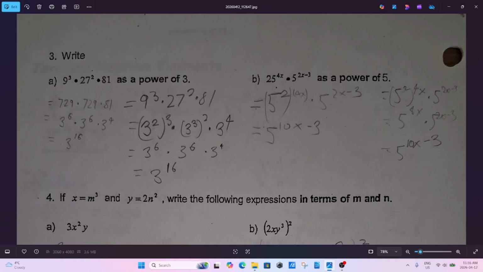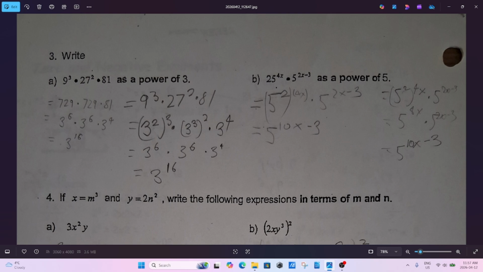And 81 is just equal to 3 to the exponent 4. So that is 3 to the exponent 6, because 2 times 3 is 6. And then 3 times 2 is 6, so you get 3 to the exponent 6, and then 3 to the exponent 4. Then you add all the exponents together to get 3 to the exponent 16.